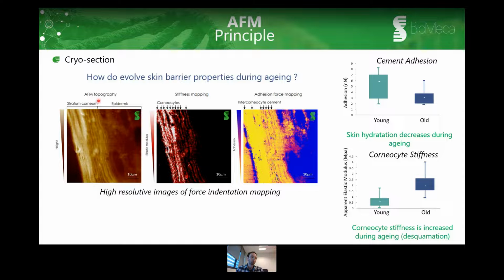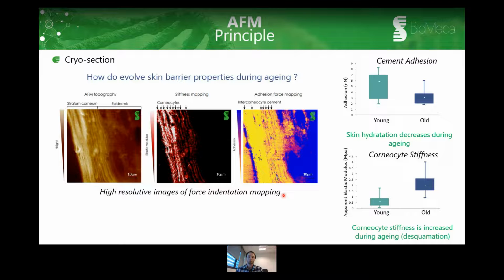If we merge the first and the second images, you can see that these layers of the stratum corneum correspond to the corneocytes. The third image shows the adhesion force that corresponds to the intercorneocytic cement, represented under the form of layers, and these layers are the area between corneocytes.